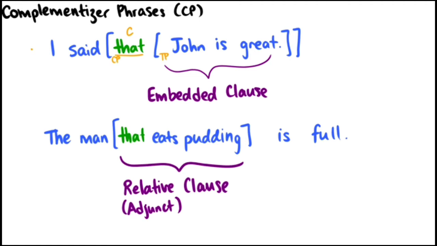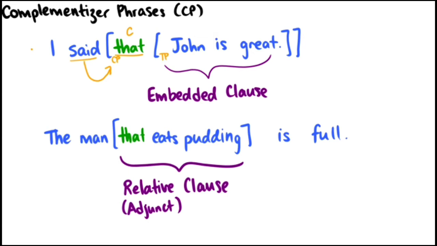In fact, this verb "said" takes a complement, and it always takes a CP complement. So, I said that something, or I said something. Even if we say "I said something," that's still going to be a tense phrase, but we'll have a complement phrase with an empty head. We'll see an example of that in a little bit.